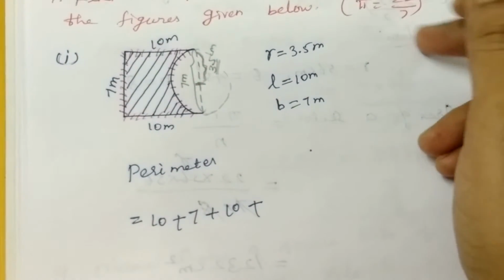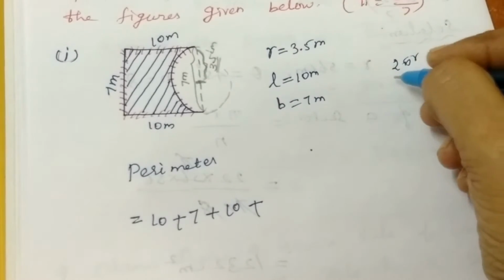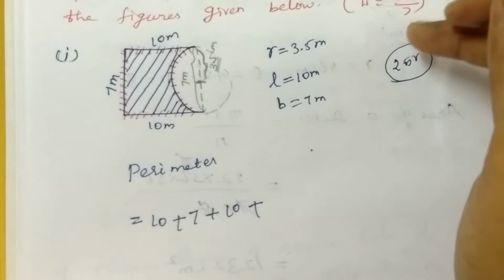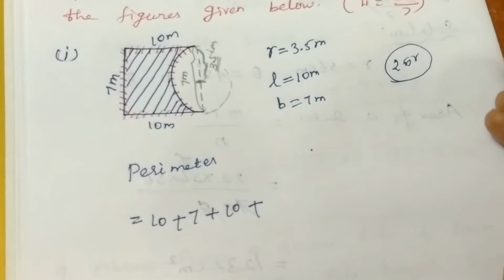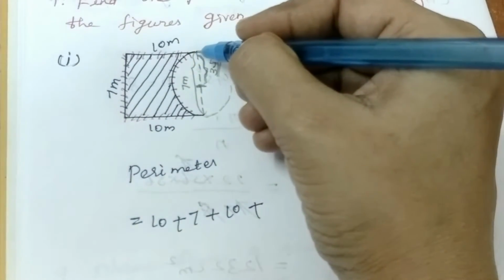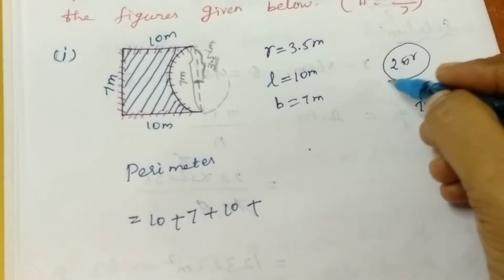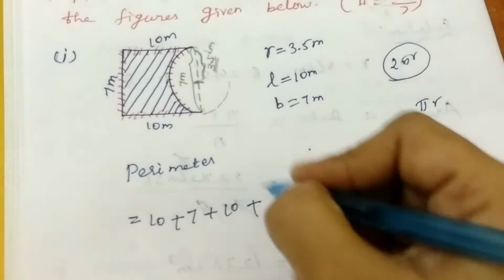The circumference of the circle is 2 pi r. What is the circumference of the semicircle? Half of the circumference of the circle. So the perimeter of this arc of the semicircle is half of 2 pi r, which is pi r.